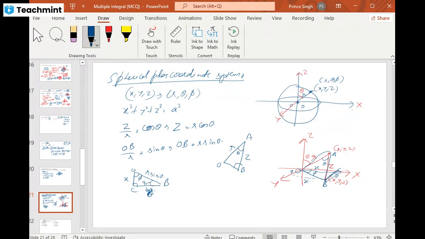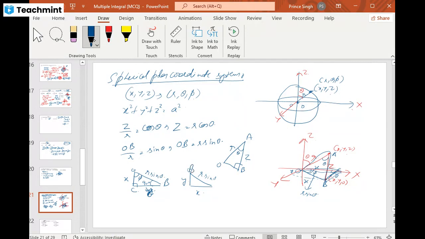Or I can consider the triangle in this way. This is X, this is Y, this is O, this is R sine theta, this angle is phi, and BC is the perpendicular.